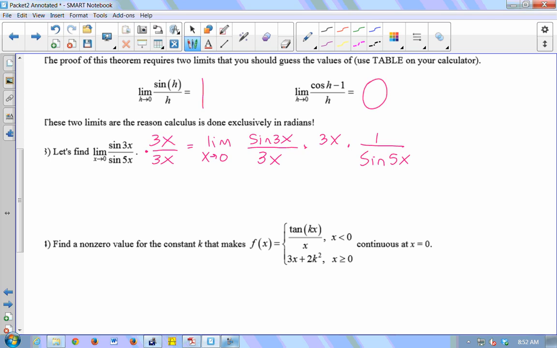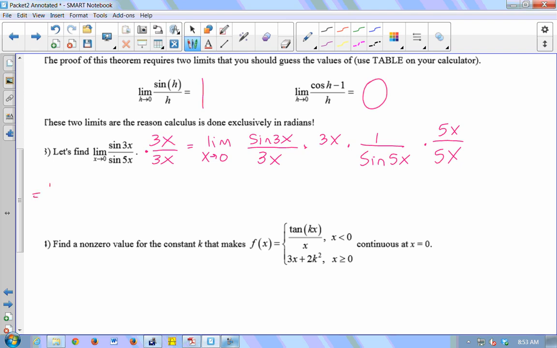Okay, so I helped myself a little bit. What if I had a 5x on top of the sine 5x? What would the limit of that fraction be as x goes to 0? 1, yeah. Right? Flip something that equals 1 over and it still equals 1. So if I had a 5x on top of this, then my limit would be 1.